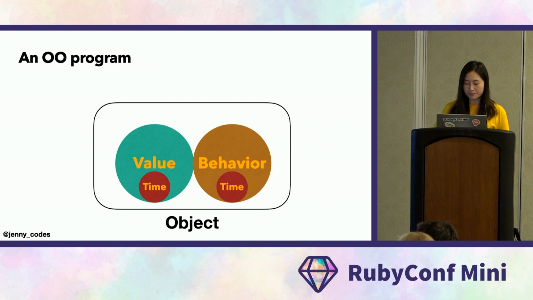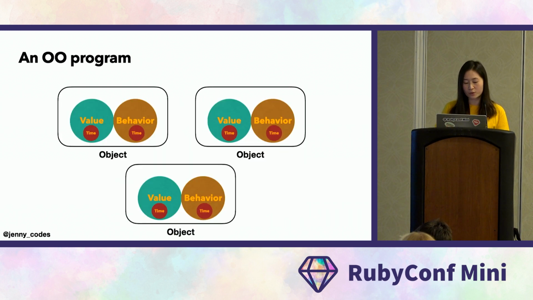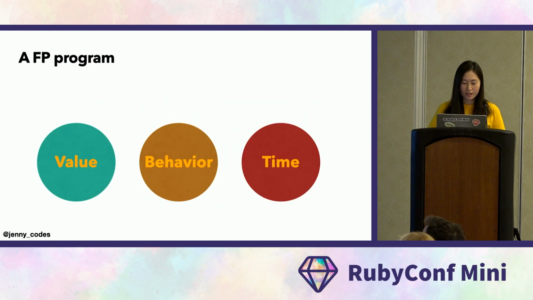And a program would be composed of many objects that interact with each other. So that's object-oriented. As for functional programming, for each element, there's a distinct concept associated with it. And our agenda today is to talk about each element and look at them one by one.